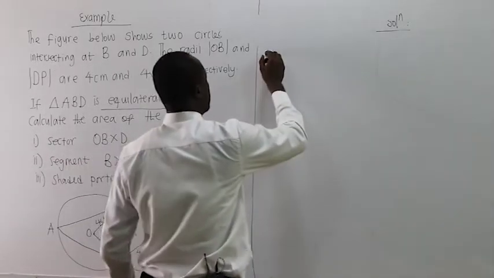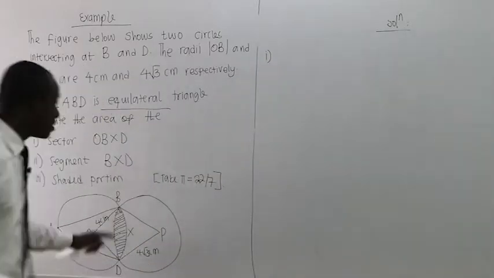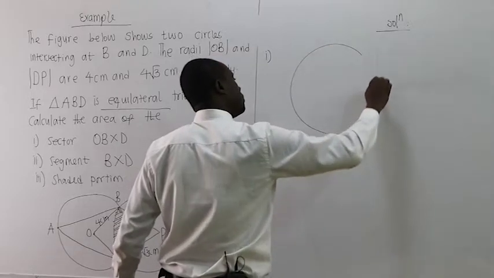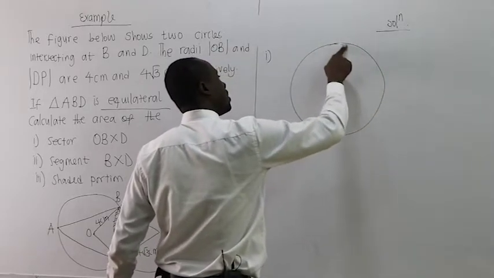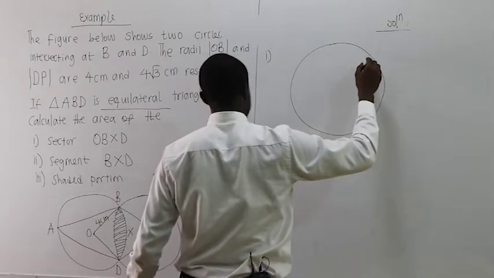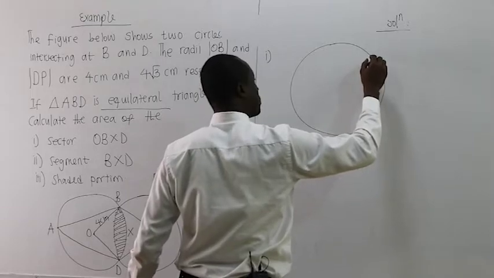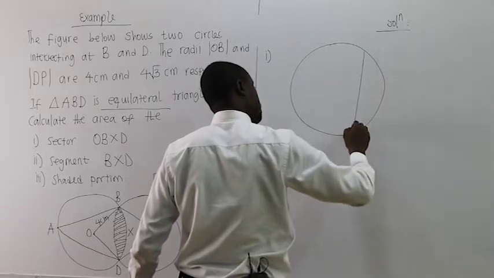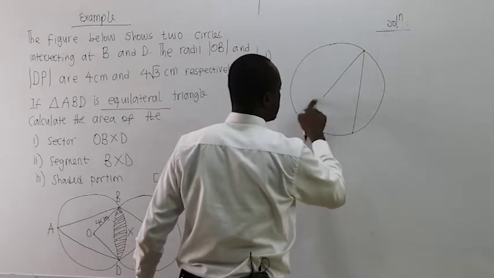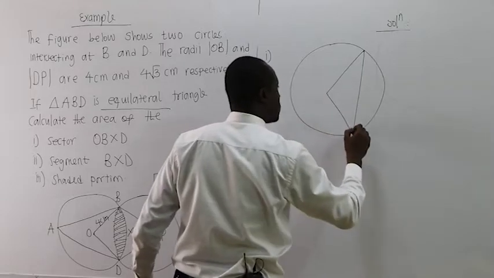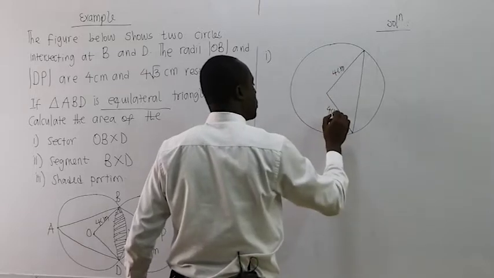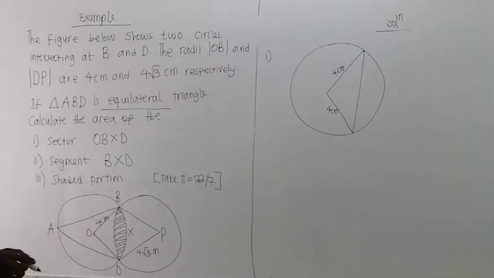Okay, so the first one, let's consider the circle, and then let's consider a sector with its center. The radius is 4 centimeters. This is also 4 centimeters.